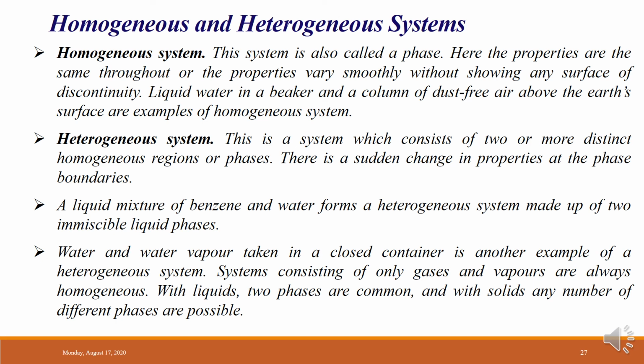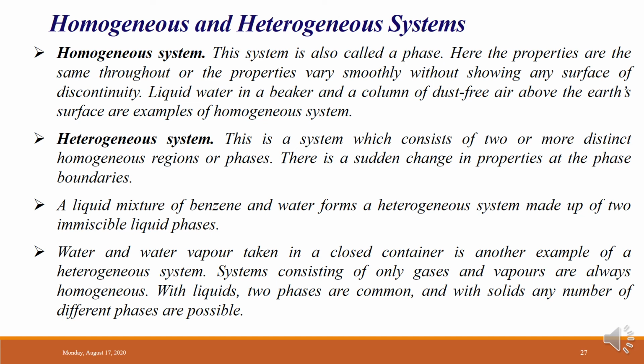Here properties are the same throughout, and if there is some change, the properties might vary smoothly without showing any surface of discontinuity. So it is very simple. Or you can say dust-free air is a homogeneous system, because you will not find any change in properties, like temperature or pressure or other properties we are measuring.